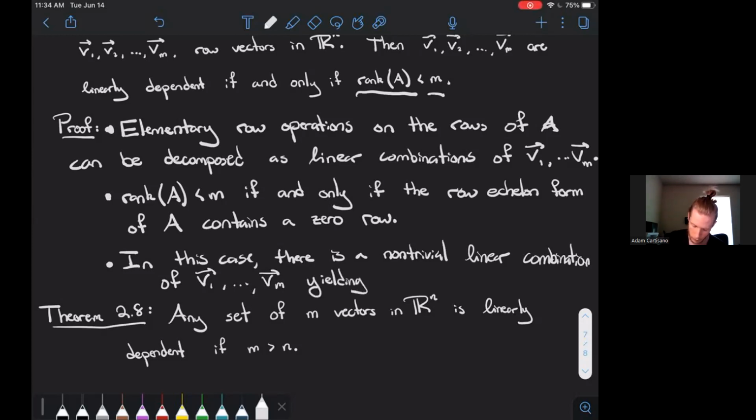That's it. We just notice these three facts.